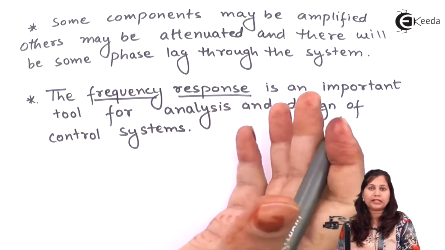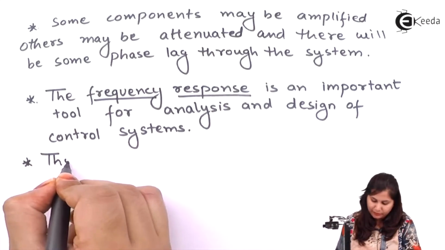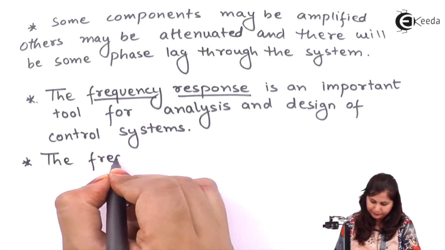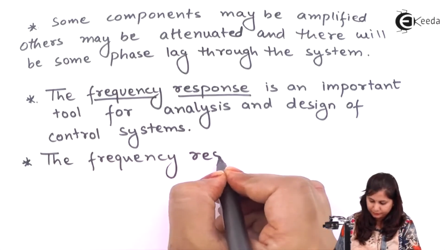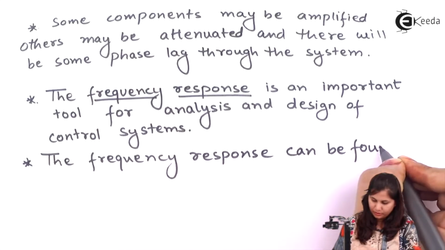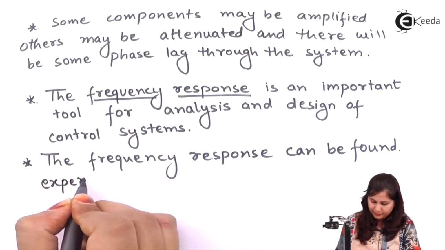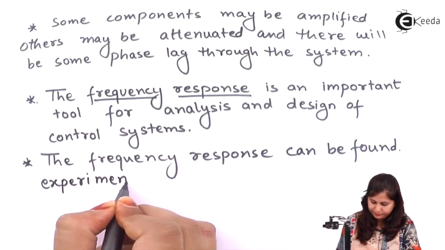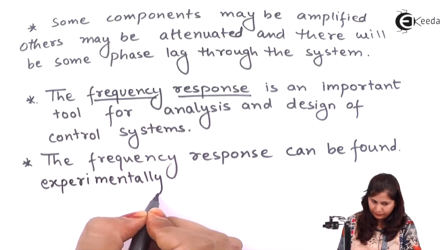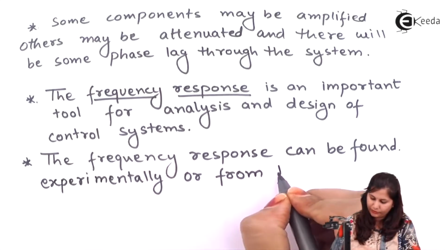So how can we obtain this frequency response? The frequency response can be determined, or found, experimentally, or from the transfer function of the system.